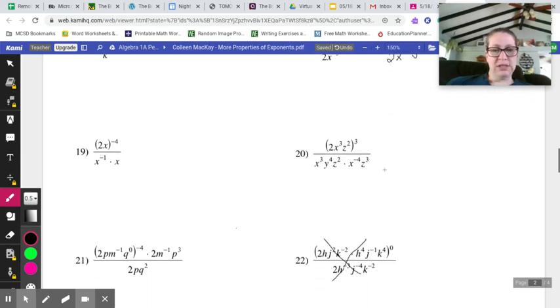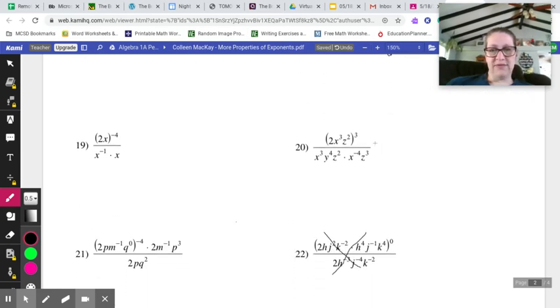Number 20, only because I see lots of letters. So first thing I'm going to do is I'm going to raise everything to the third power. 2 times 2 is 4, 4 times 2 is 8, so 2 to the third is 8. X to the third raised to the third power is 9. And then 2 to the third power is 6.